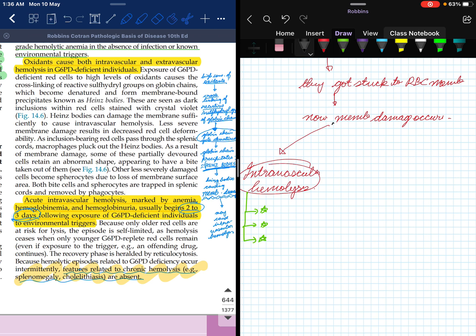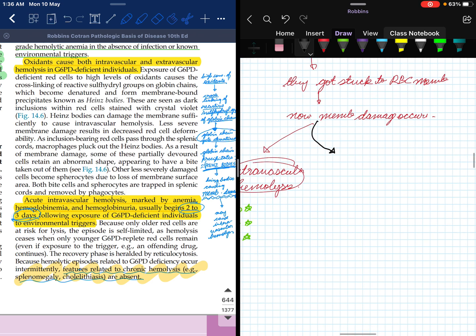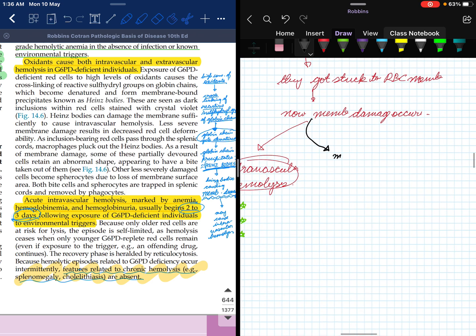The second thing that could occur is that, with the membrane damage, these RBC are not lysed then and there.